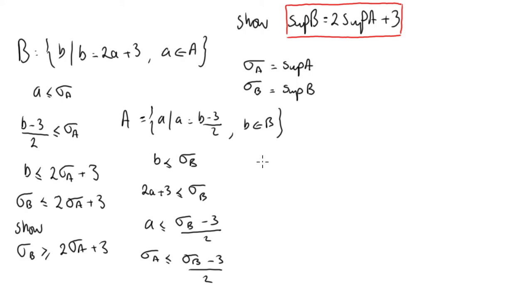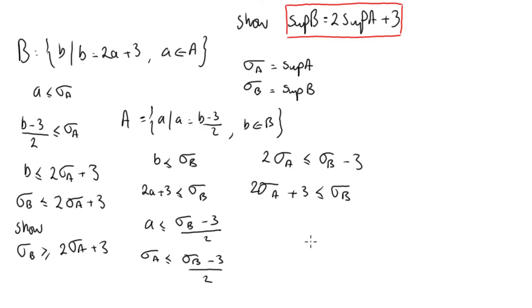I can say that 2 times the supremum of A is smaller than or equal to the supremum of B minus 3. And I can add 3 on both sides now. 2 times the supremum of A, add 3, is smaller than or equal to the supremum of B.